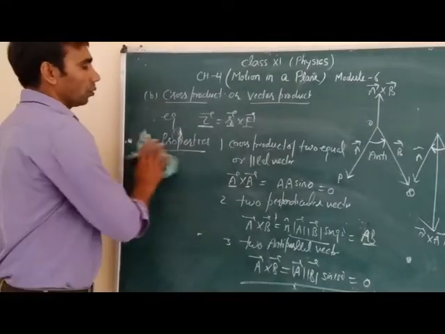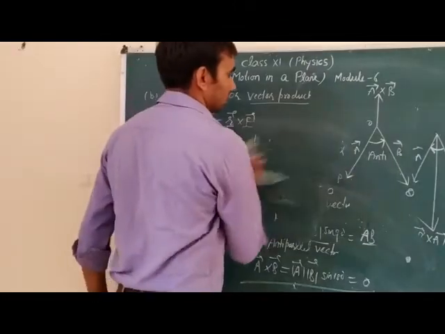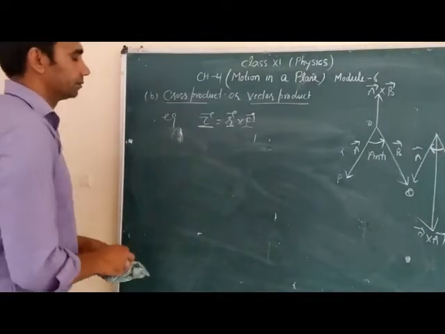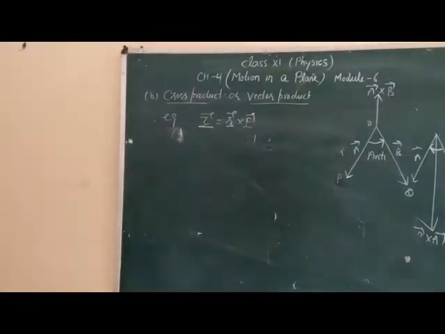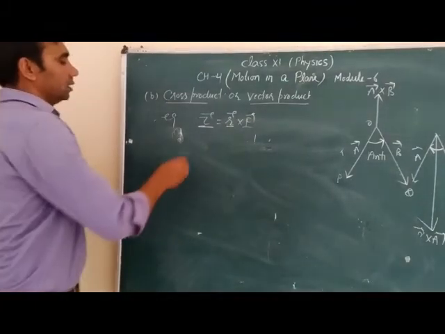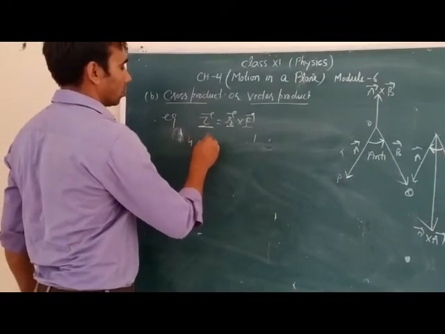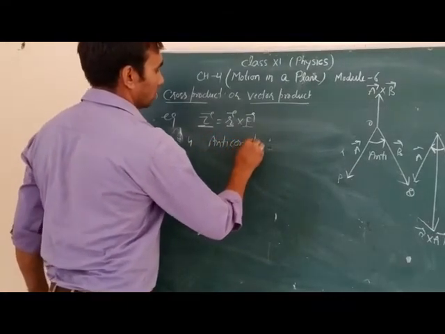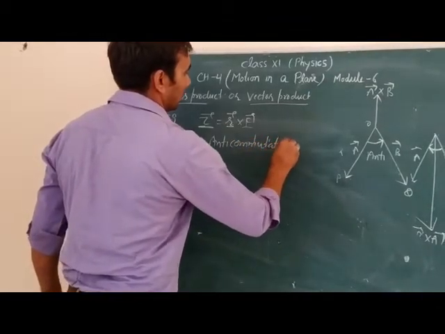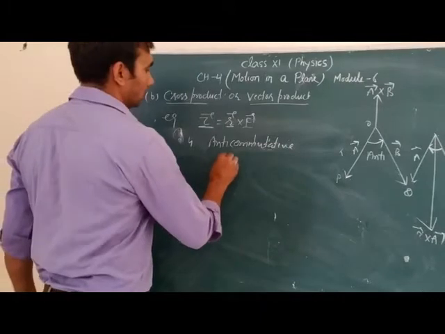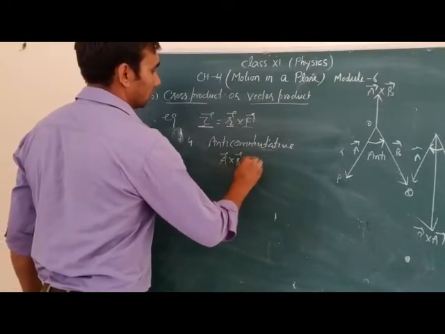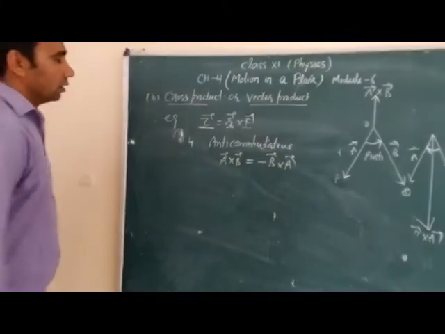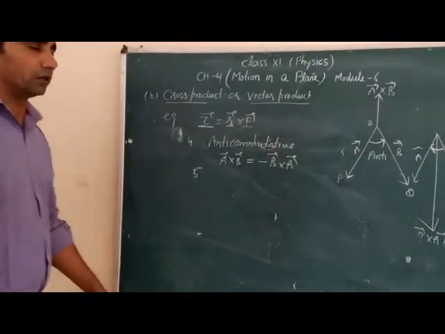Now the fourth property is that the cross product is anti-commutative. Anti-commutative means A cross B is equal to minus B cross A. Fifth, the cross product is distributive.